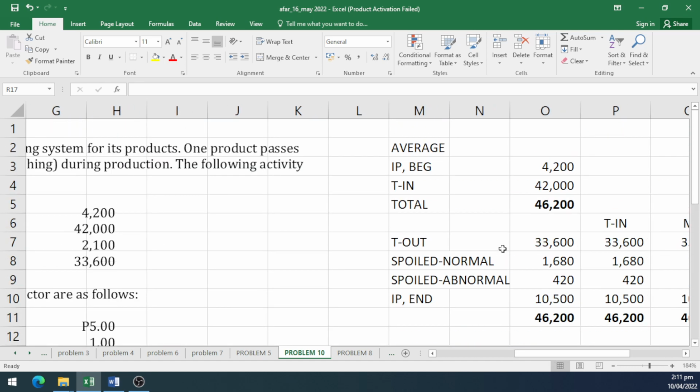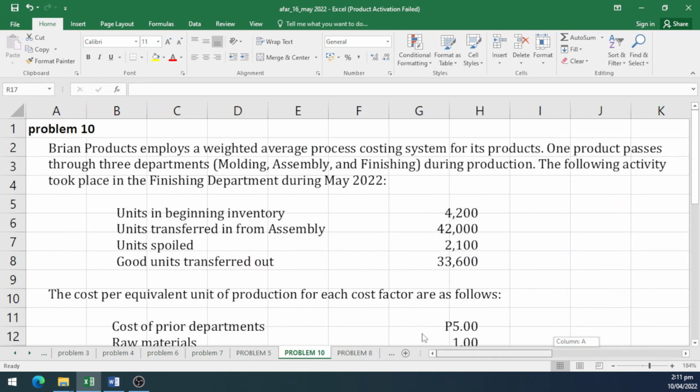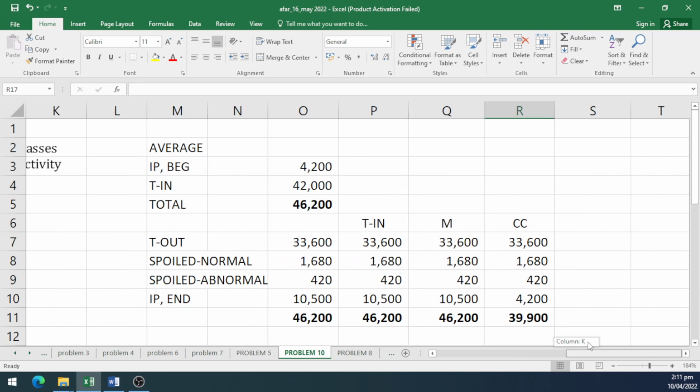Okay, so we proceed. We compute first the equivalent units of production. We summarize the physical flow of units first. IP beginning, 4,200. Units transferred in, 42,000. Units spoiled, 2,100. May normal, may abnormal dyan. Good units transferred out. Babalansin natin yan kung ilan ang ending.